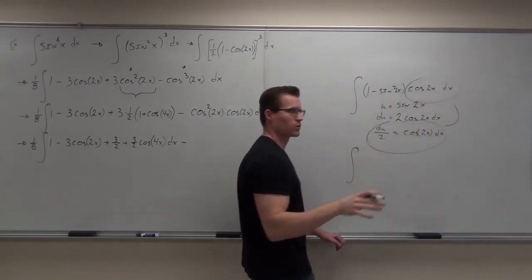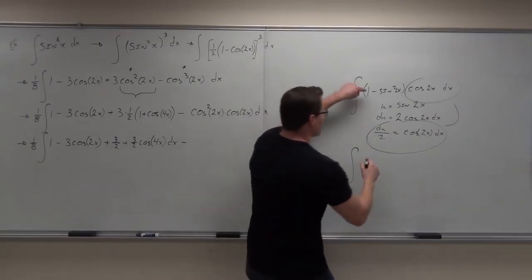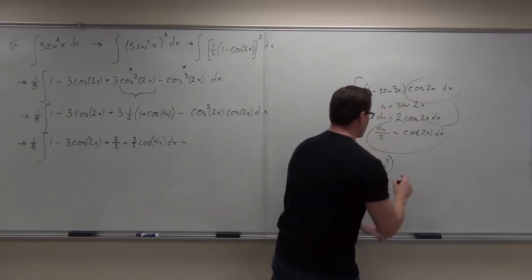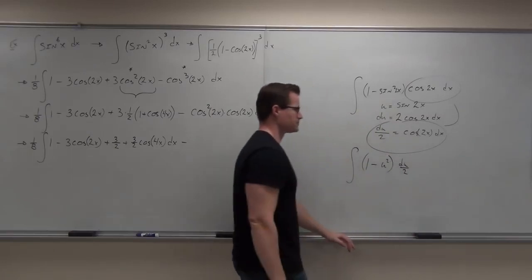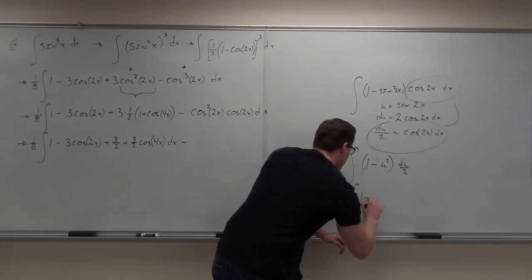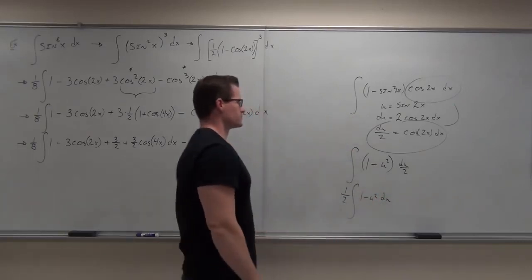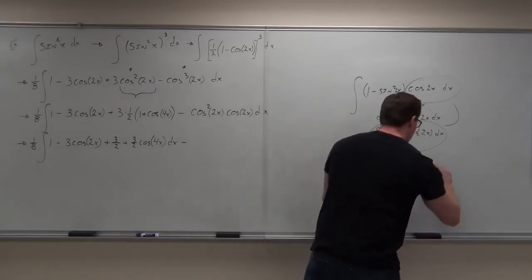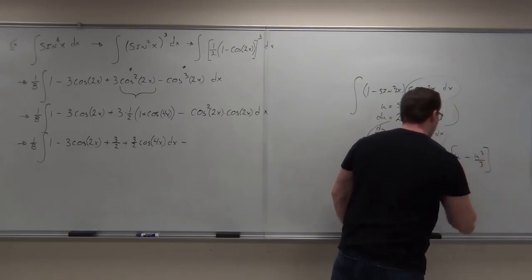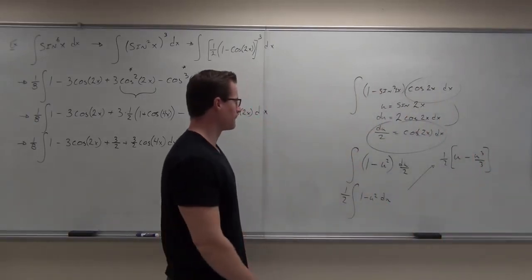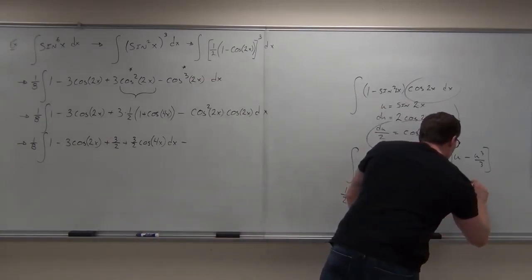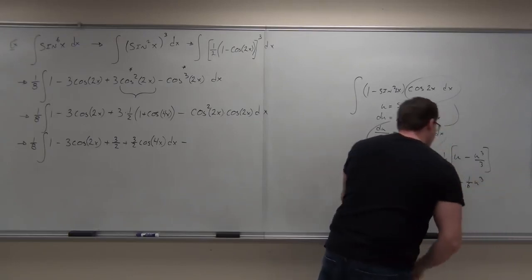Therefore we get, I know I'm working quickly, but we've already done something very similar to this. This is 1 minus u squared. This guy is du over 2. Or in other words, this is 1/2 integral of 1 minus u squared du. 1/2 u minus u cubed over 3. 1/2 u minus 1/6 u cubed.